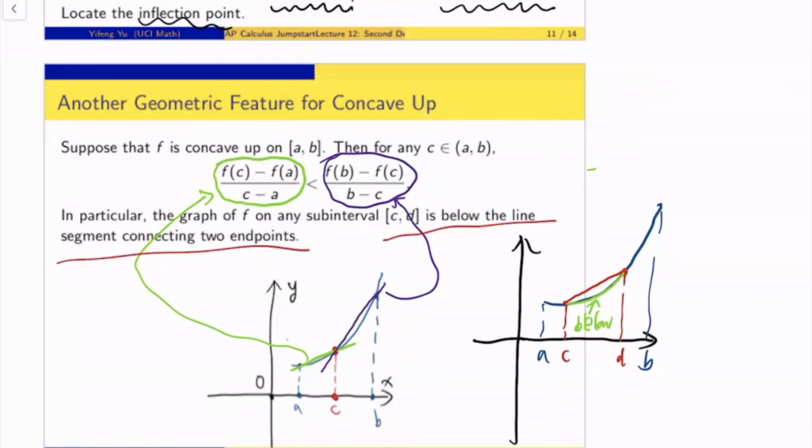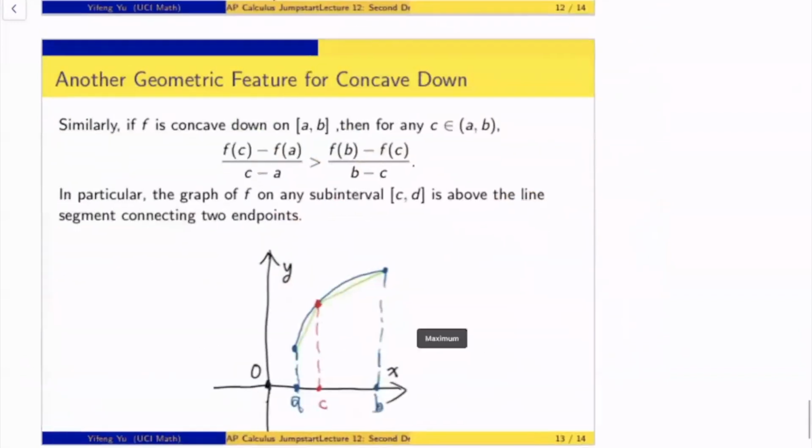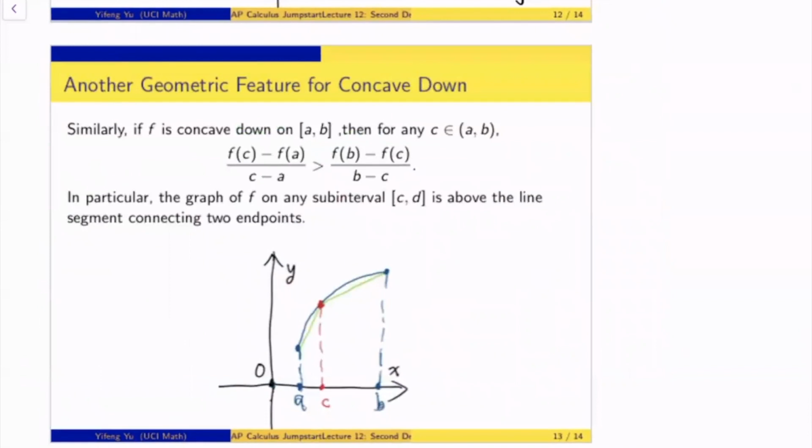All right. Similarly, if you look at concave down, you say, okay, if I pick a point C, somewhere between A and B, and then I look at the line segment connecting this point and the endpoint on the left, we have this line segment. This one represents the slope.